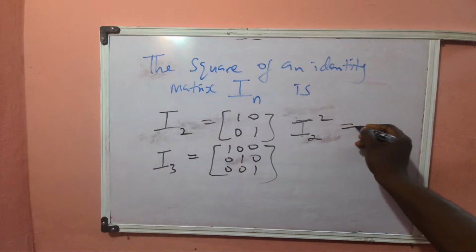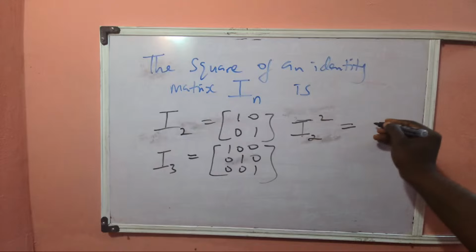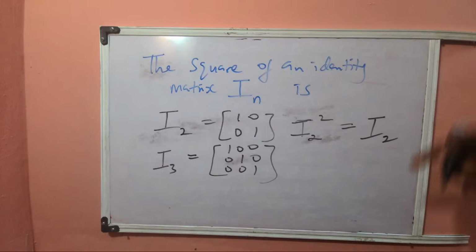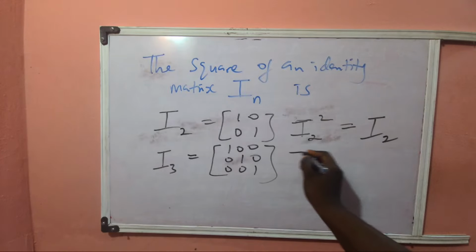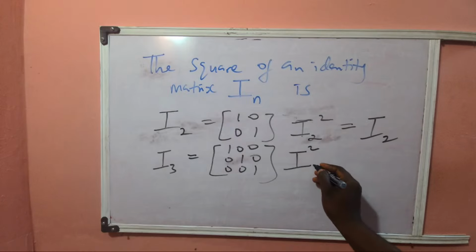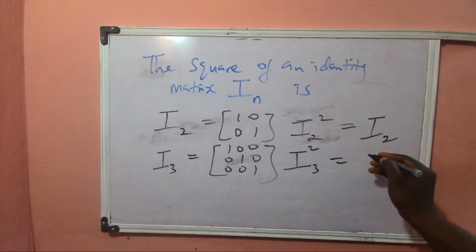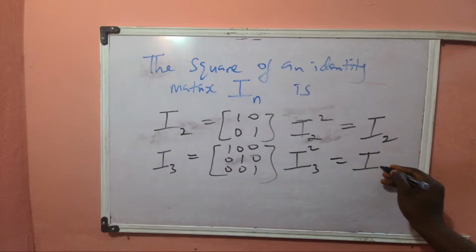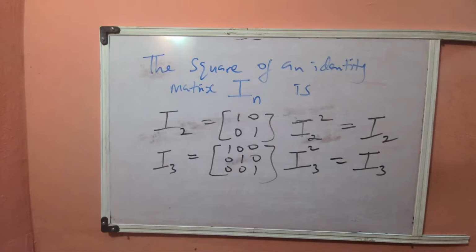So the square of an identity matrix of order 2 is always going to be the identity matrix of order 2. If you square an identity matrix of order 3, you still get the same identity matrix of order 3. So every identity matrix, when you square it, will always bring you back to the same identity matrix.